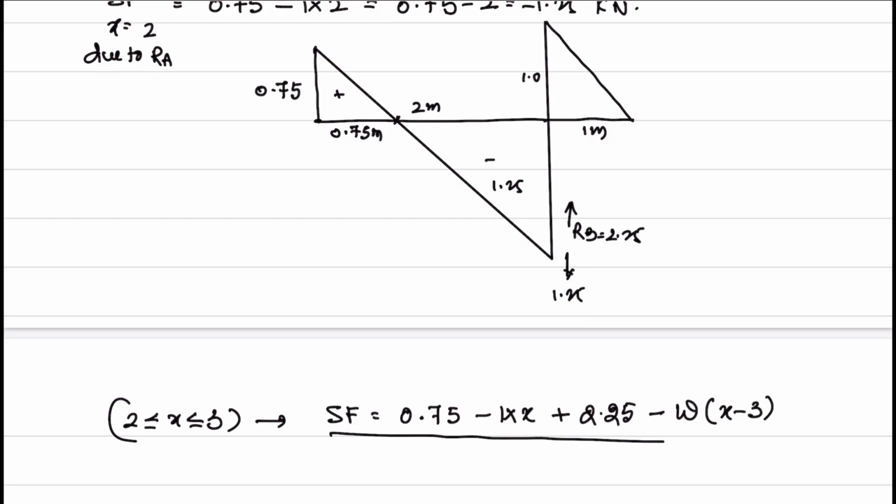This is the shear force. One into X minus 2, because this is up to 2 only.